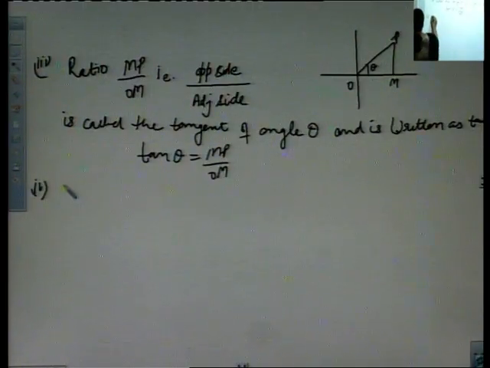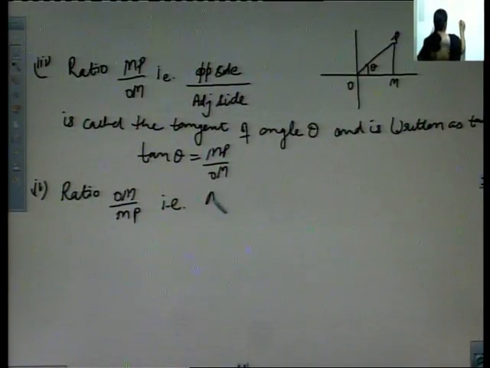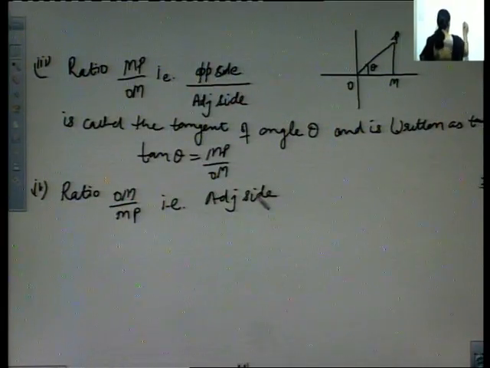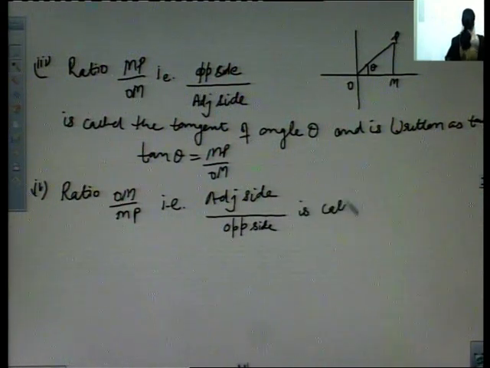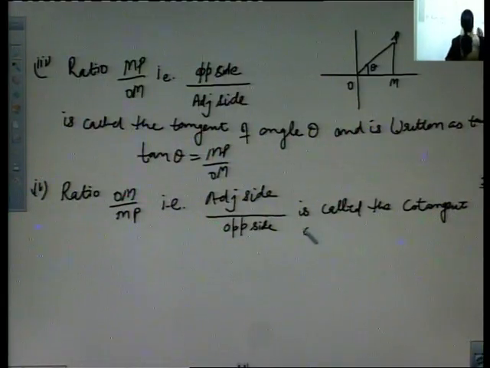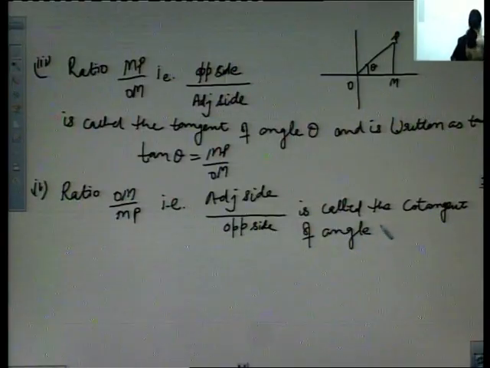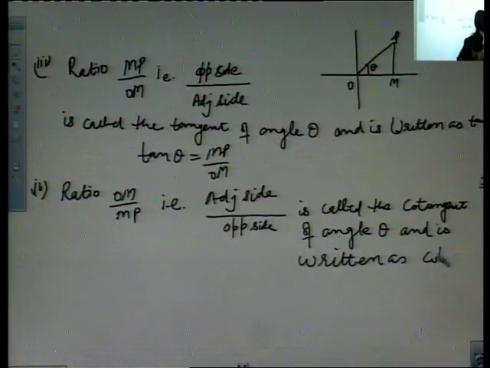Number 4, the ratio OM upon MP, that is adjacent side upon opposite side, is called the cotangent of angle theta and is written as cot theta.